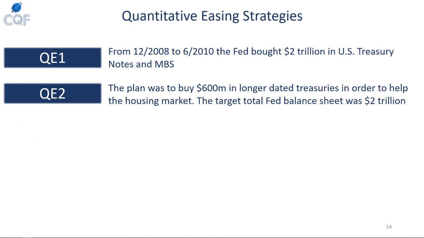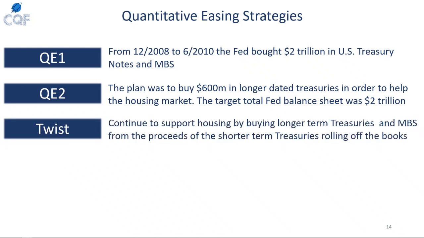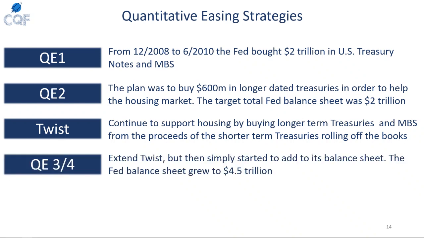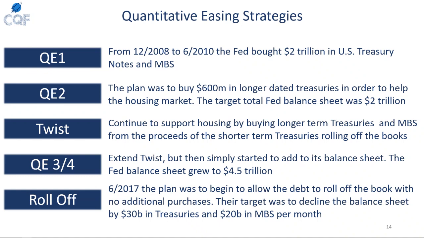QE1 was from December 2008 through June of 2010. The Fed bought $2 trillion in U.S. Treasury notes and MBS. MBS is mortgage-backed securities. Now, Treasury notes are 2, 3, 5 year debt issued by the U.S. Treasury, so relatively shorter term debt.